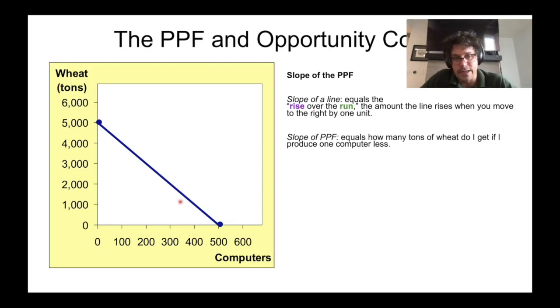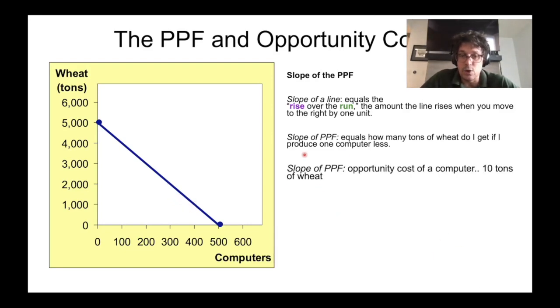Actually, here we are moving from the right to the left. So if I produce one computer less, I can reallocate these labor resources to produce wheat. So I can move, say, to this point. And I keep going, and I keep going, in this process. So the slope of the production possibility frontier tells us the opportunity cost of a computer.